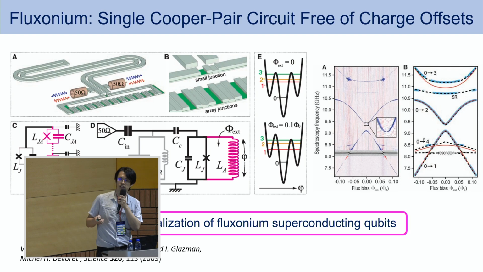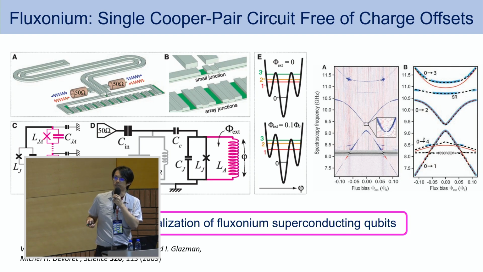This is a large inductor, and the capacitance is just supported by the capacitance of the Josephson junctions. This is the readout resonator, and this is the effective circuit, such that this part is the one that you see, and then you capacitively couple to a readout resonator, and then you will be able to do the readout.